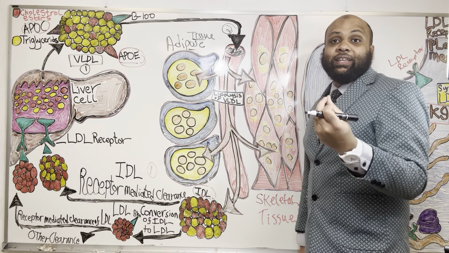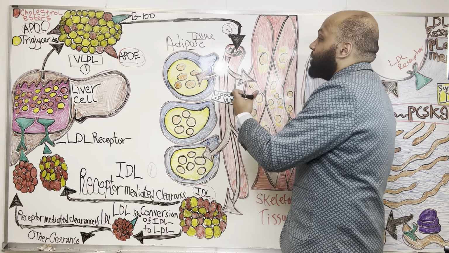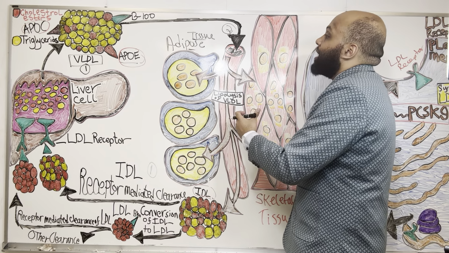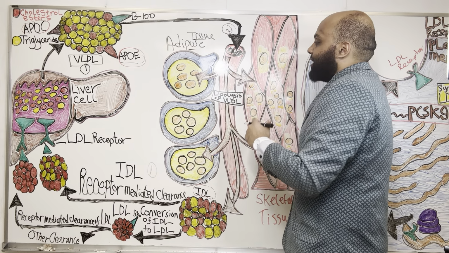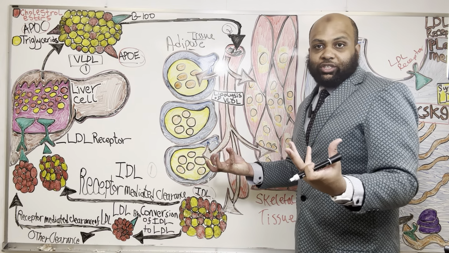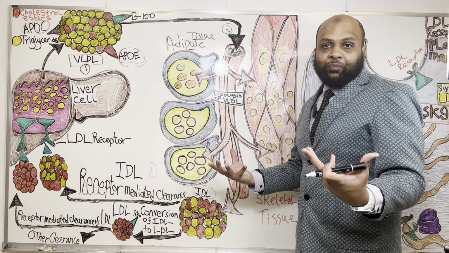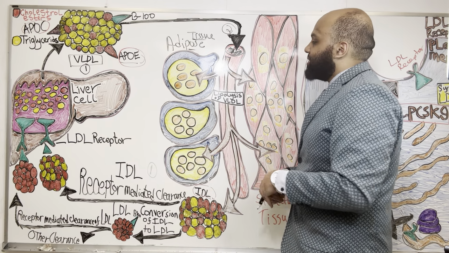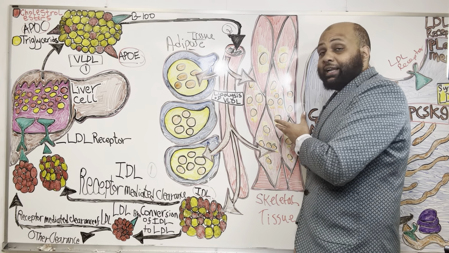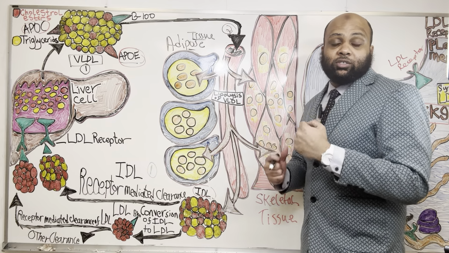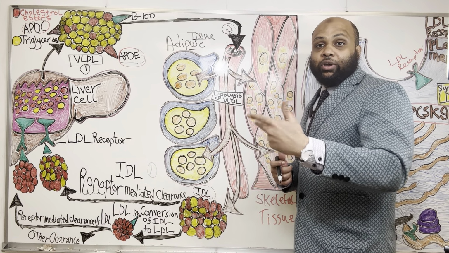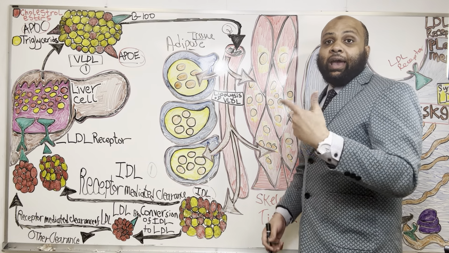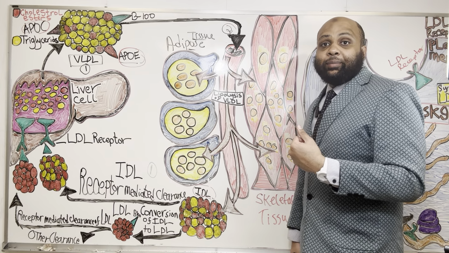They will hydrolyze the VLDL and remove the cholesterol esters and triglycerides and start giving them to the skeletal muscle if you are running, so we can give you energy so you can burn down the ATP and maintain your running pace.